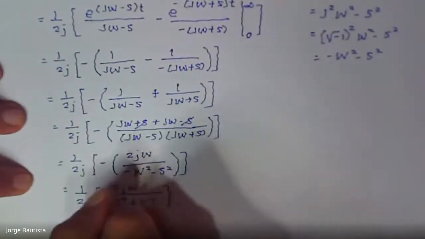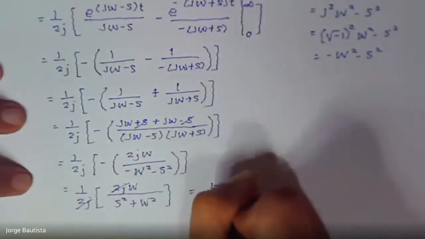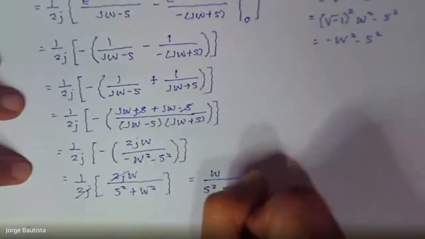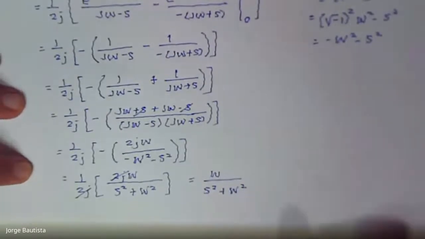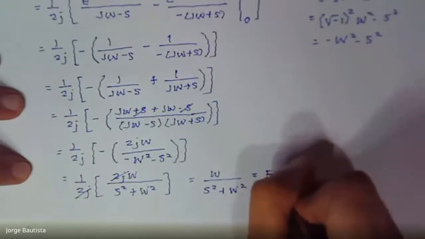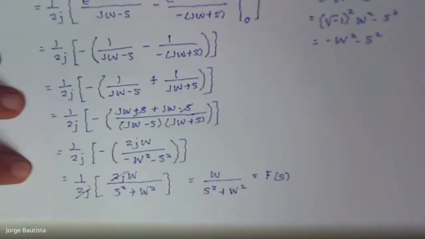Okay? Cancel yung 2j na yan, saka yung 2j na yan. So, therefore, this one is omega over s squared plus omega squared. And this one is the Laplace transform, okay, f of s na ng sin omega t.